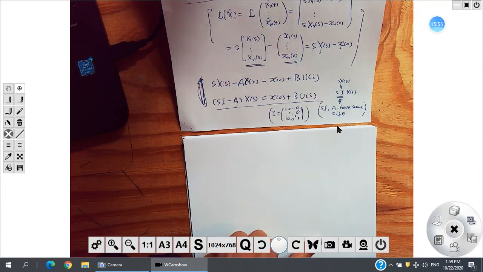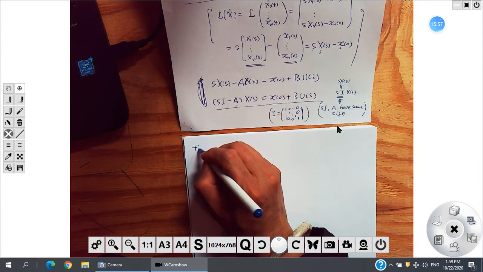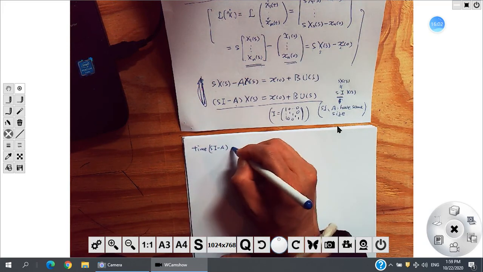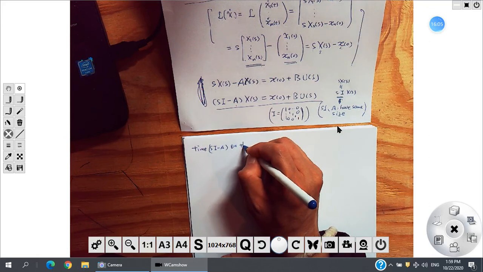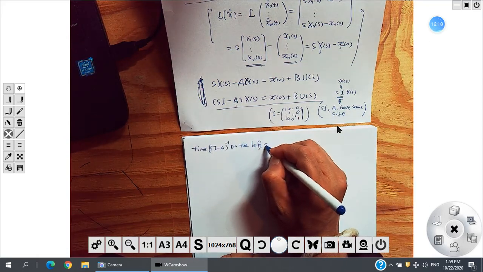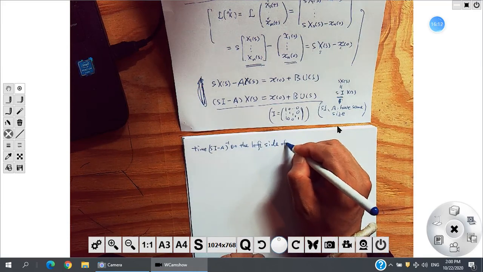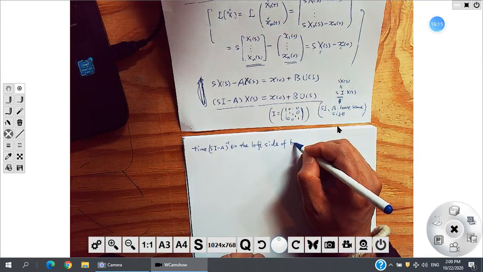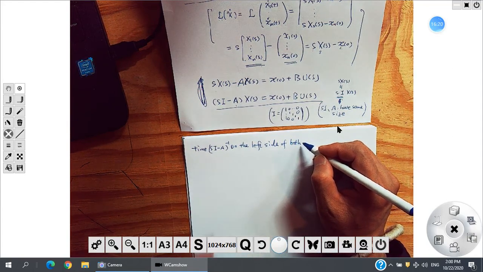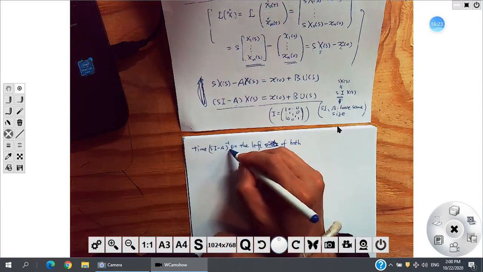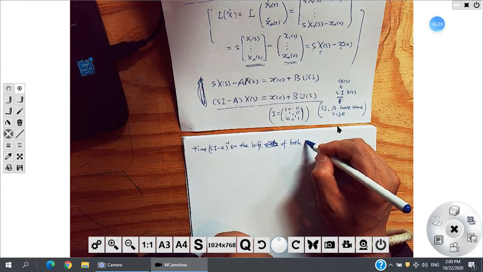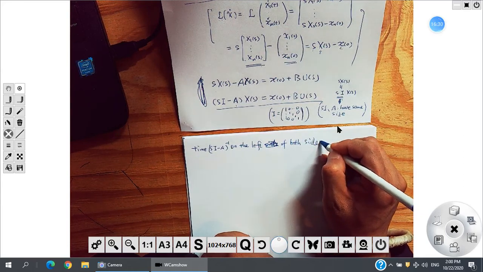So this time you have to multiply (sI minus A) inverse on the left side of both sides of the equation.